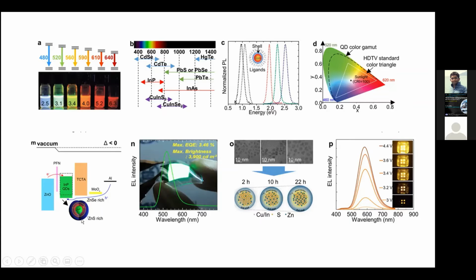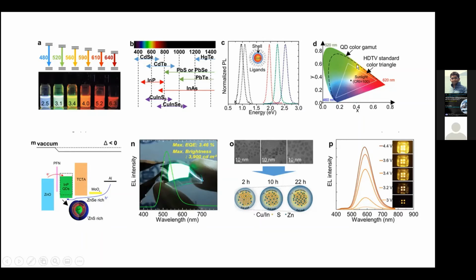And when we make a good film or good quantum dot LED type of devices, you can see the color coordinate, and here is the sunlight where we can see it's 100%. And generally the HDTV standard color triangle covers a very small region.